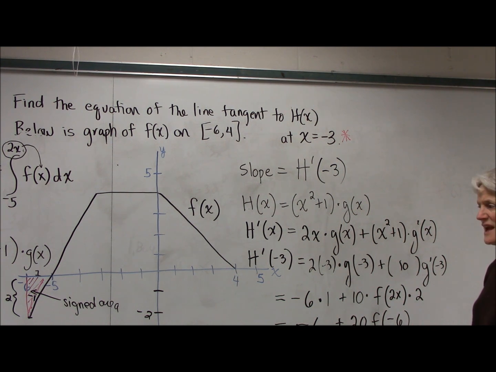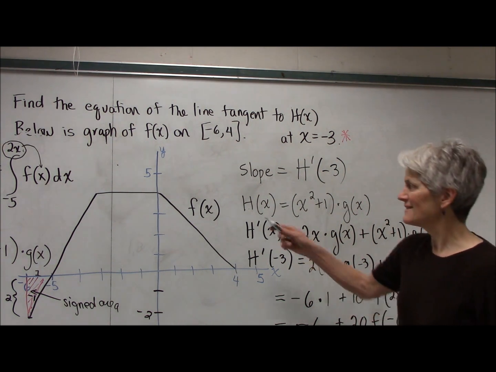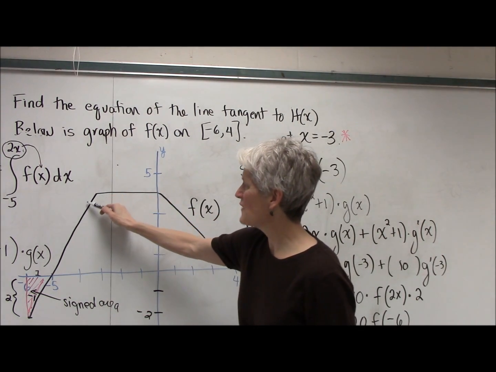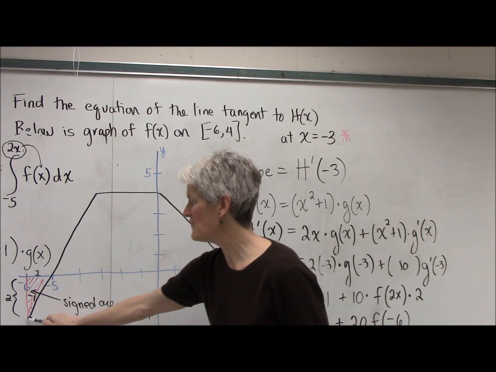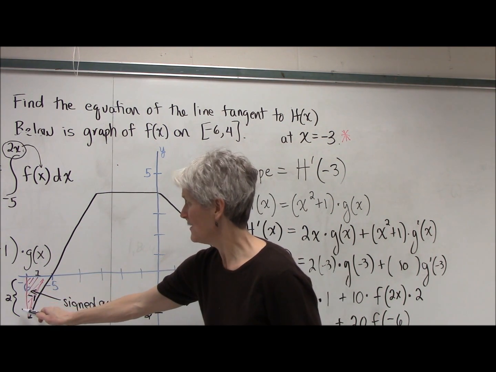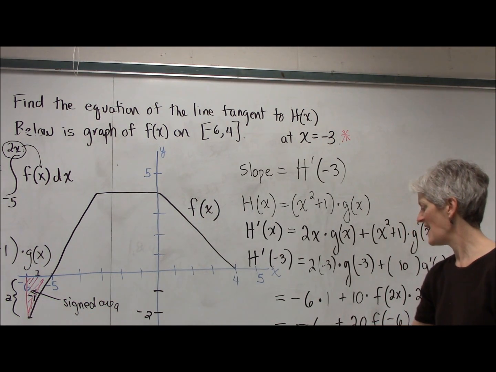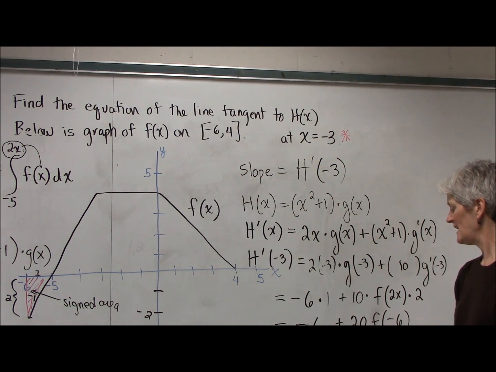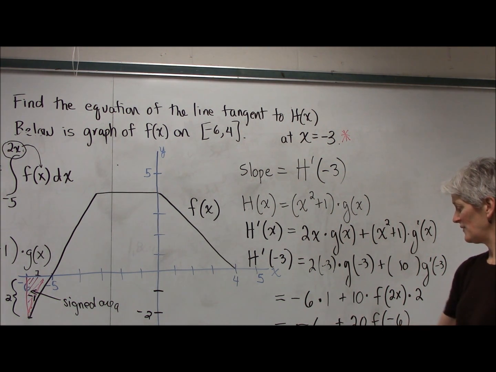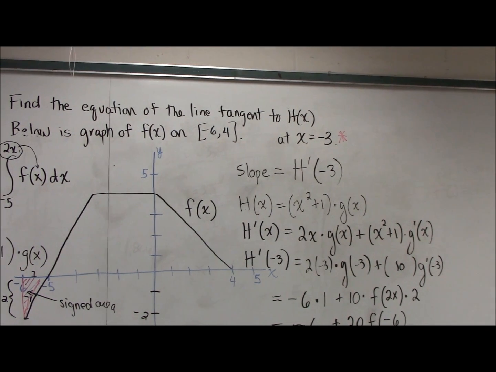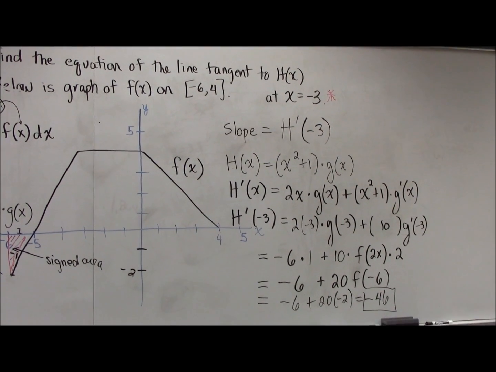Oh, f of negative 6. I want to find the y value on this function. Well, the y value of f when x is negative 6 is negative 2. So I'm going to replace that with a negative 2. And I have negative 6 plus negative 40, which is negative 46. Ladies and gentlemen, that is my slope of my tangent line at x equals negative 3.